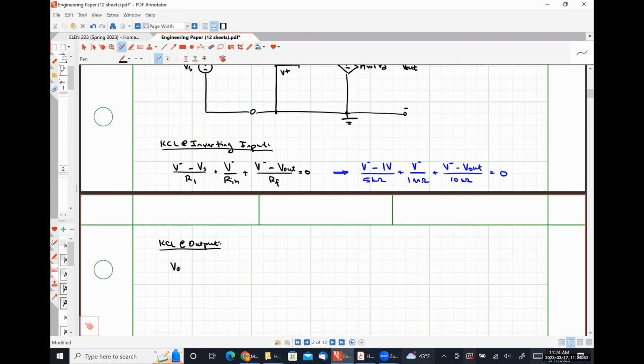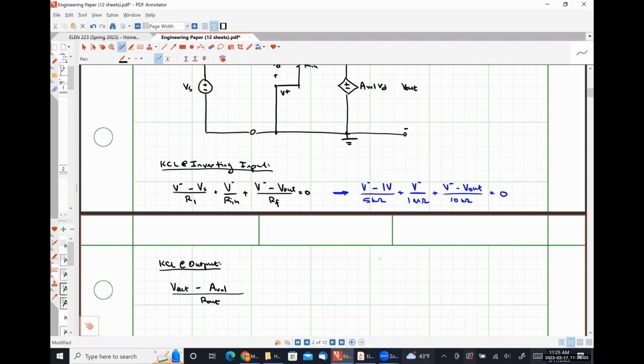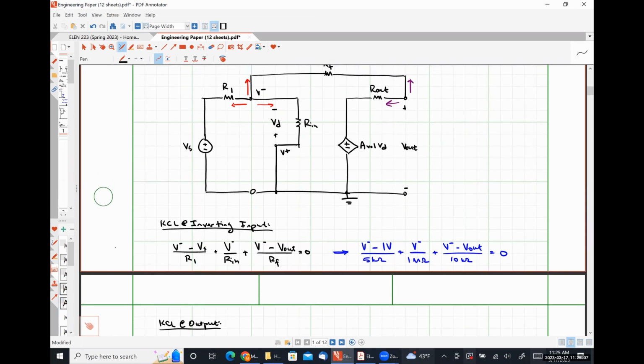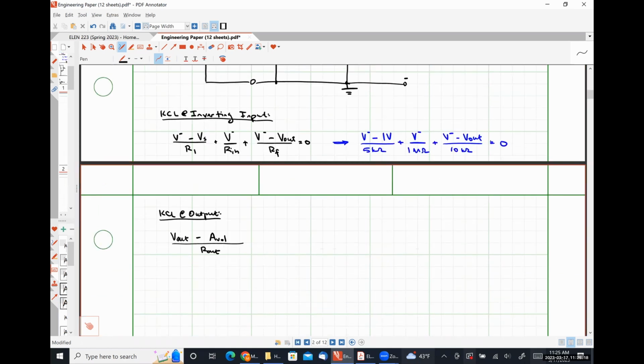What is VD in this case? Exactly right. 0 minus V minus, or negative V minus. So I'm going to put a V minus right here, and I'm going to change that sign to positive, and that takes care of my algebra.